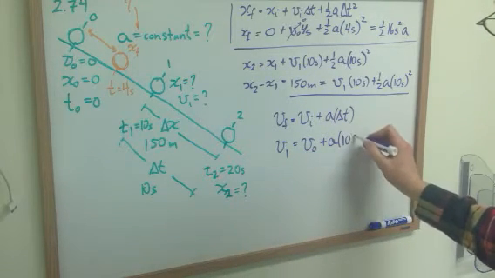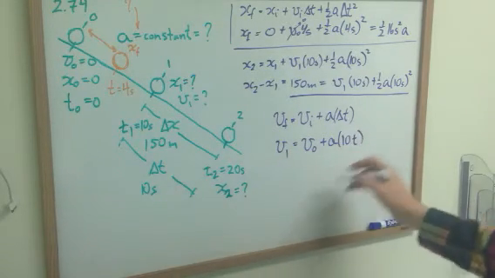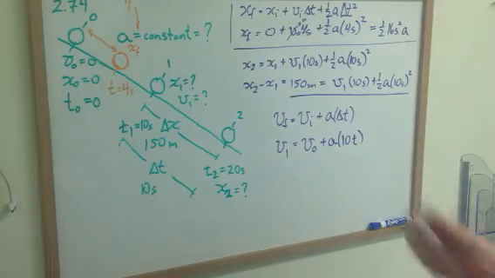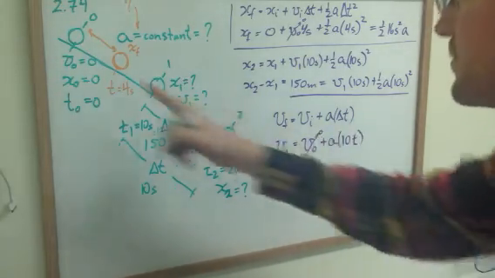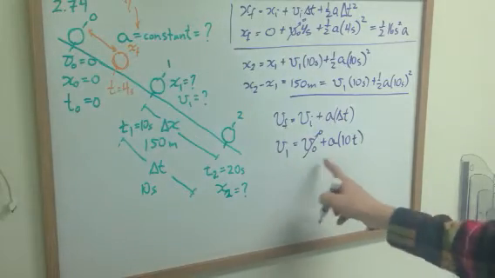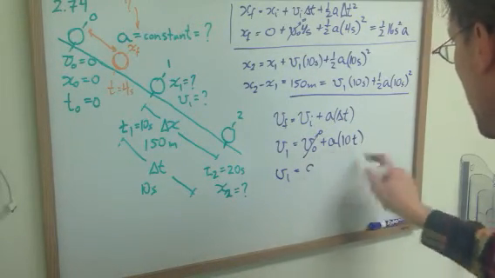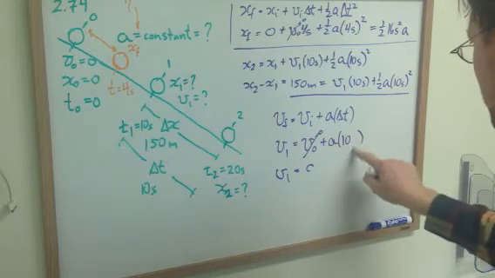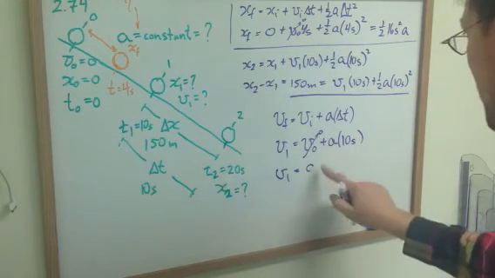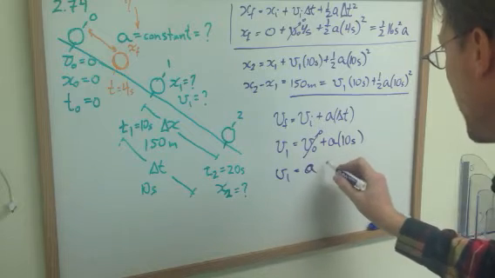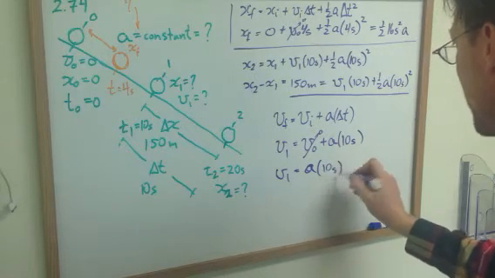This is an equation describing the first 10 seconds of motion. V naught is 0, starts at 0. So V1 is equal to, I put t, that's not a t, that's 10 seconds. V1 is equal to a times 10 seconds.